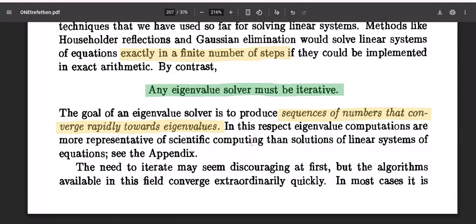But fortunately many of the iterative algorithms converge rapidly, so the eigenvalues of any matrix can be computed with reasonable accuracy in a finite number of iterative steps.